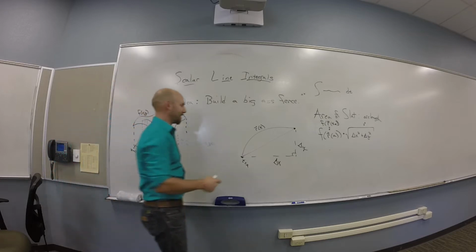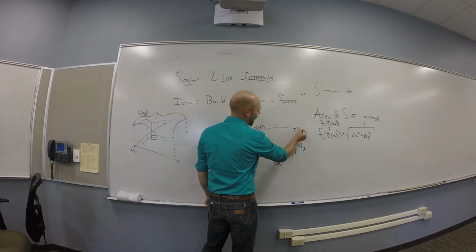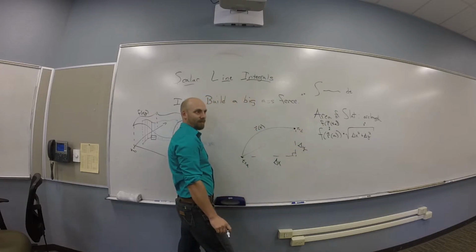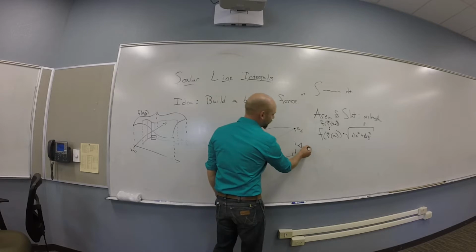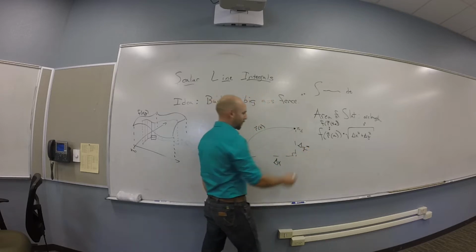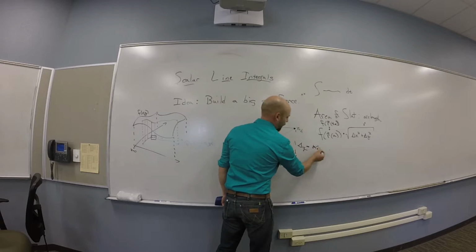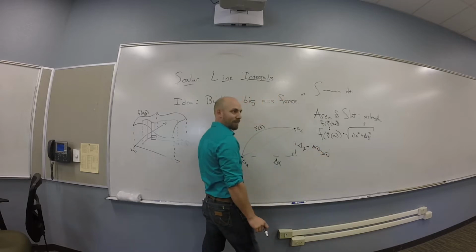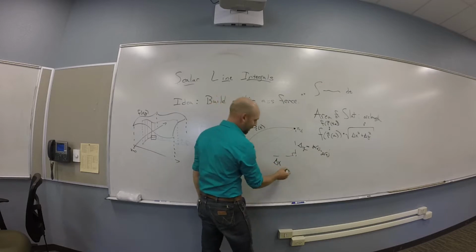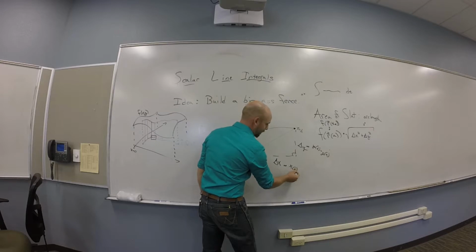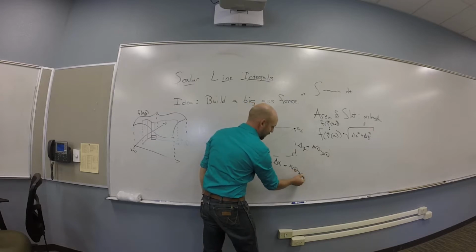If this is t is a and this is t is b, then this change in y is y of b minus y of a, and this change in x is x of b minus x of a.